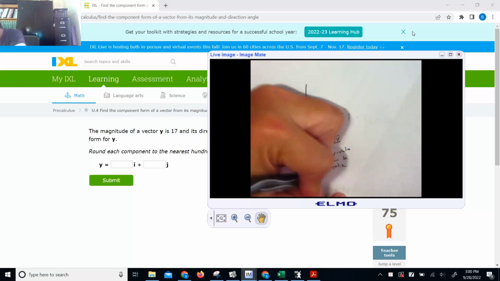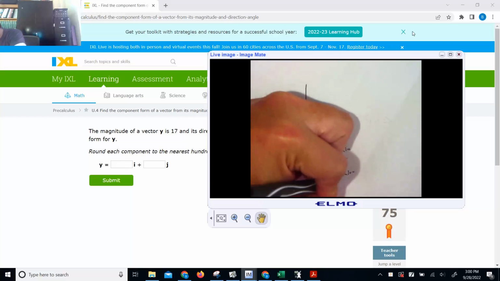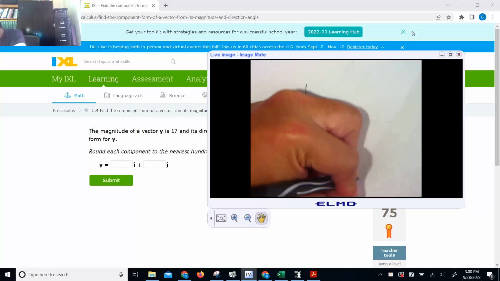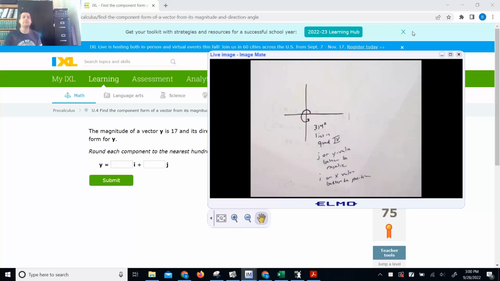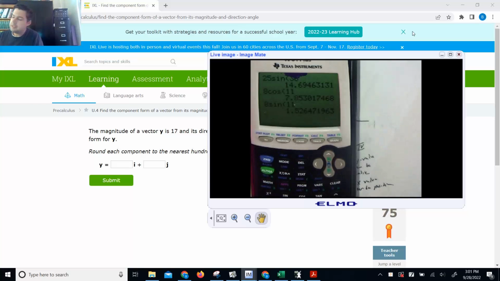And your i or your x value better be positive. Make sure that that's the case, all right? So we can probably do this by hand now. At least you probably don't need to see me writing it out. You're going to do 17 cosines of 314. That's positive 11.81.